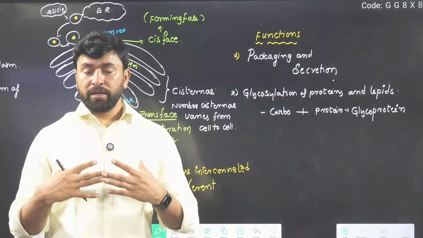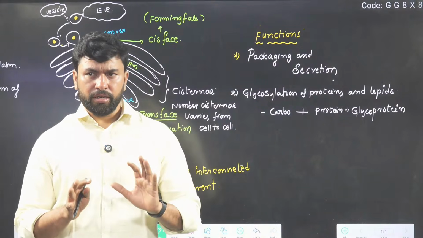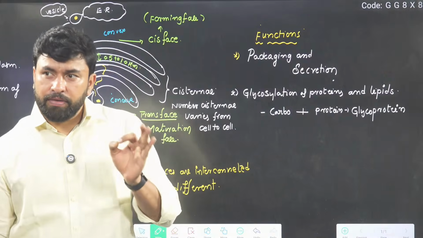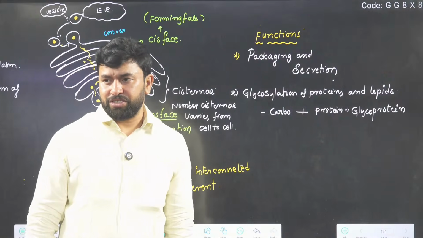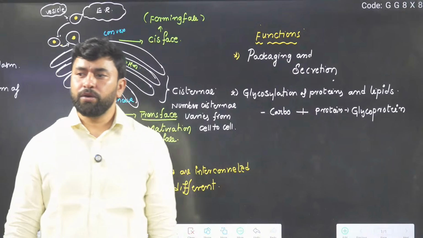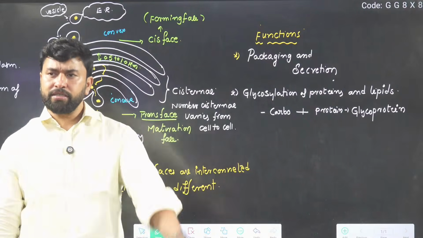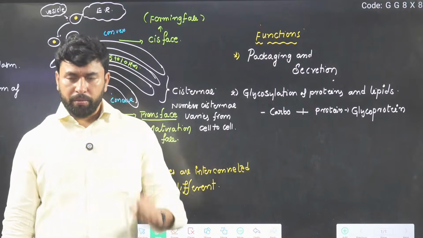A protein, nature is protein, but on the top of the protein, some amount of carbohydrate has been attached. Such kind of proteins are known as glycoproteins. Glycoproteins are synthesized by Golgi complex.